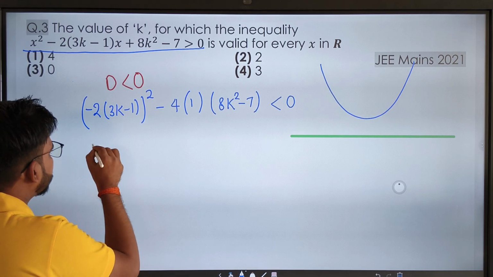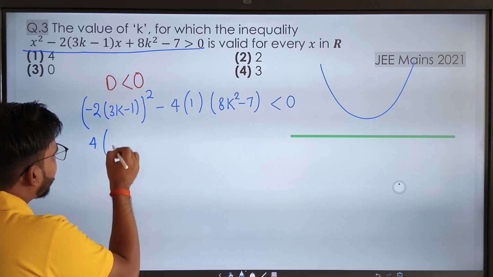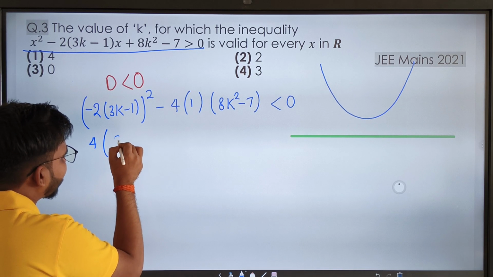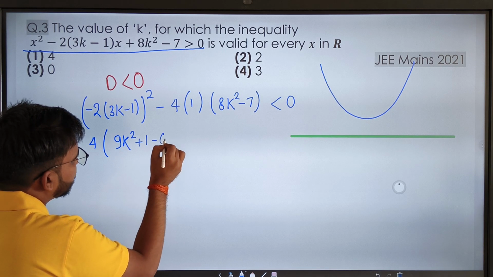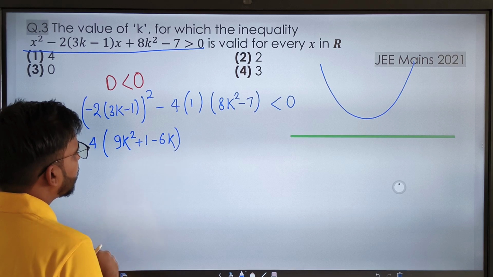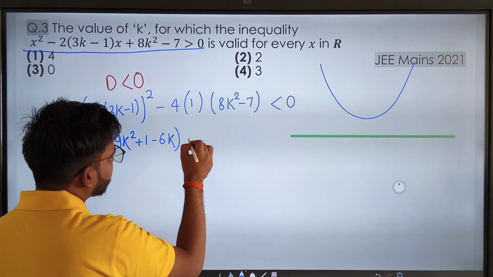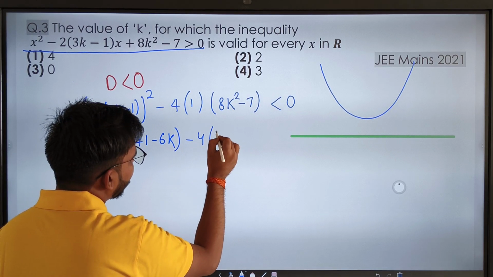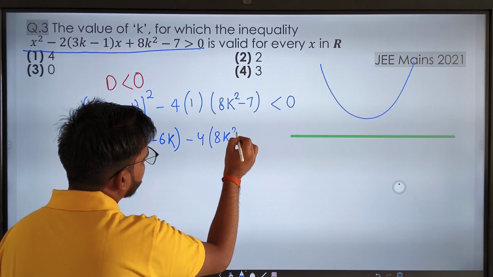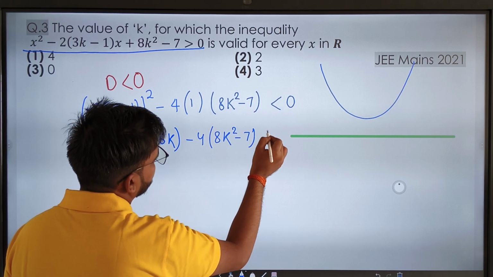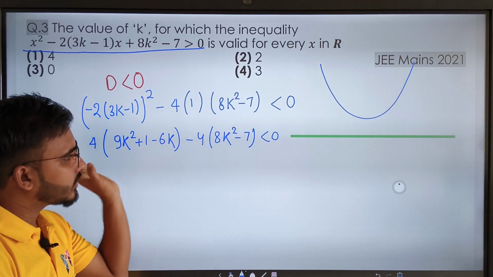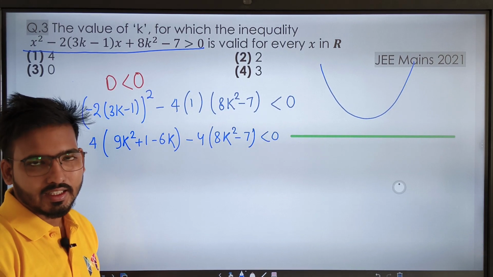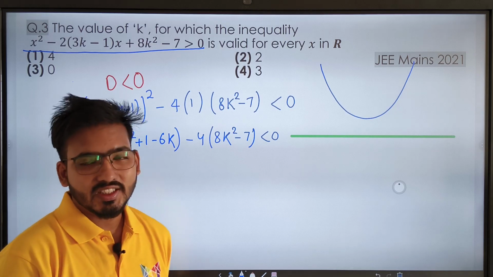So 2 square is going to be 4, and (3k minus 1) whole square is 9k square plus 1 minus 6k, and from here I can take minus 4 common, and it is going to be 8k square minus 7, less than 0. Okay, so I can take 4 common and divide on the right side, and the sign of the inequality would be the same. Why?